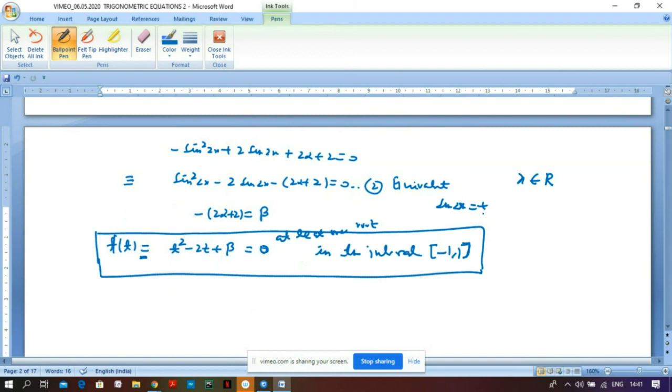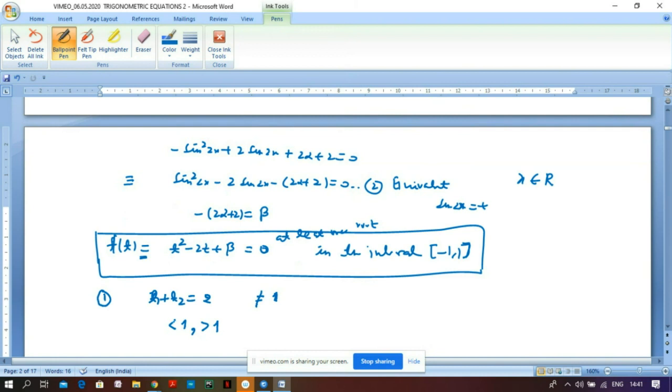Now, first method: suppose I write this way, that the sum of roots, t1 plus t2, is 2. So if one root is 1, the other also will be 1. So suppose the root is not 1, then one root is less than 1 and the other greater than 1.